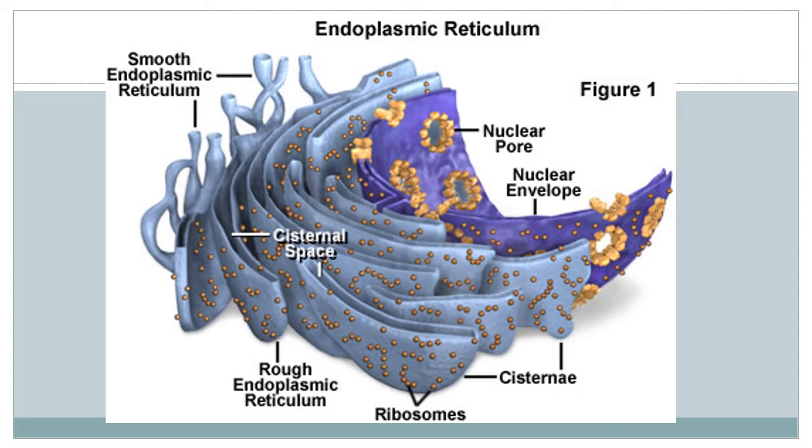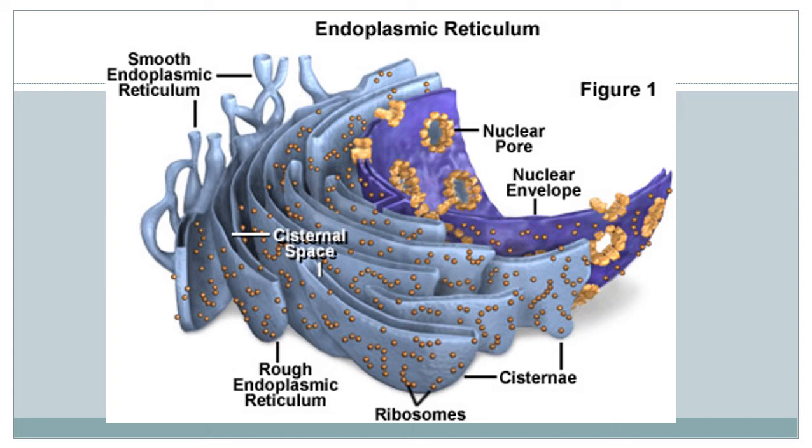This is continuous with the nuclear envelope. The smooth endoplasmic reticulum's outer surface lacks ribosomes, whereas the rough endoplasmic reticulum is studded with ribosomes on the outer surface of the membrane.